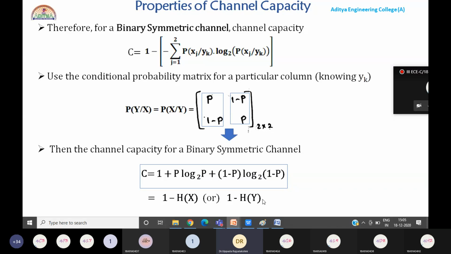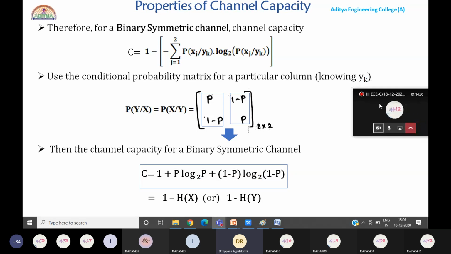In terms of the expression, you can write C is equal to 1 plus p log p base 2 plus 1 minus p log 1 minus p base 2. In a simplified manner, we can write it as 1 minus H of x or 1 minus H of y. Please note this expression.